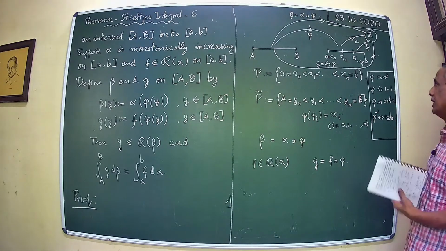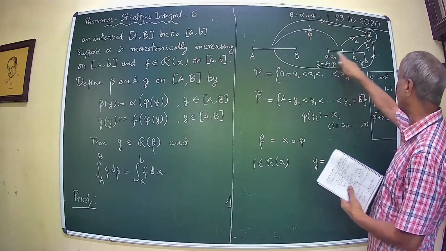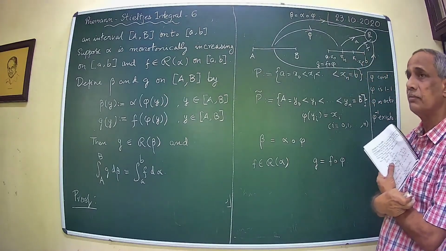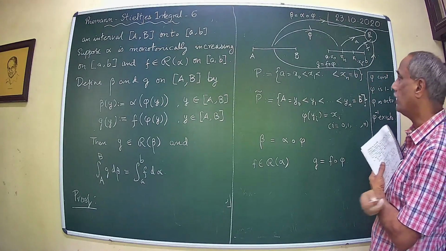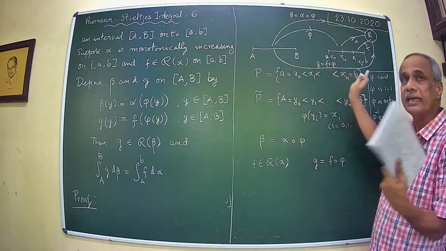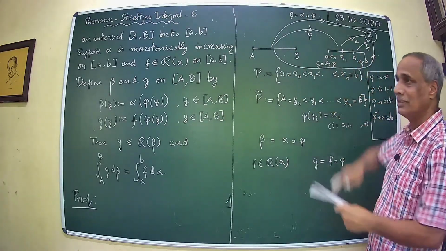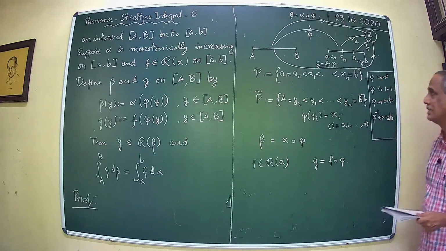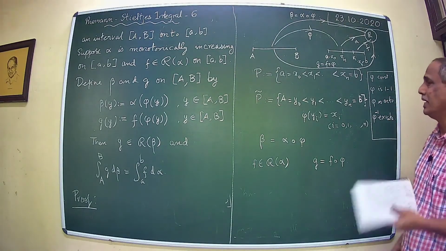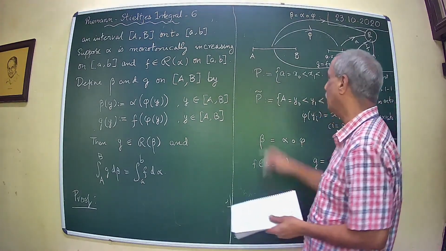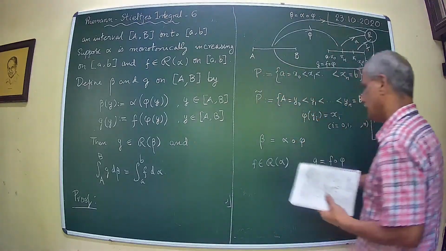Now the question that you ask is, suppose f is given to be Riemann integrable with respect to alpha here. What you want to conclude or what do you expect from all these maps is that G is R beta for the interval AB. Let us see whether this is true or not.